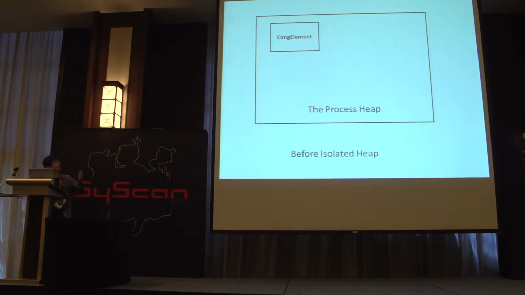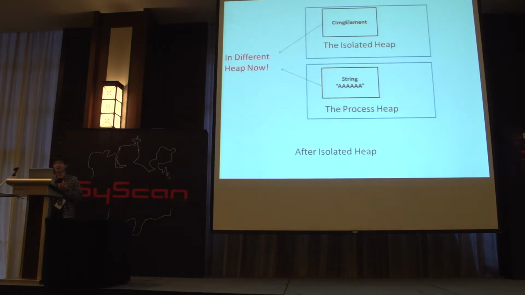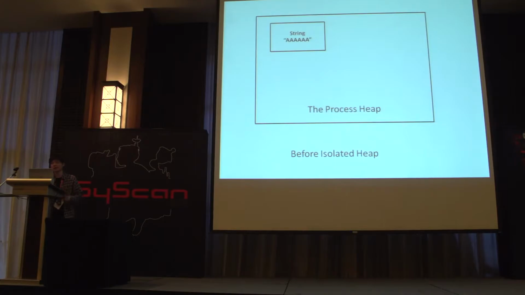For example, we have a DOM element here, which is the CImageElement. After a CImageElement is freed, the attacker will allocate a string with the same size as the CImageElement. Then they can control the content of the freed object.